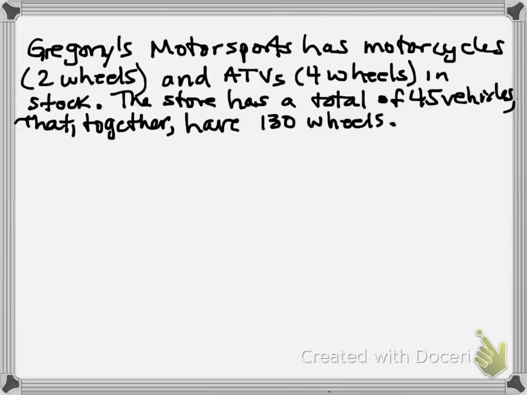So what do you think they're going to ask us to solve for in this problem? How many ATVs and how many? Yeah. It's interesting because what your book is saying is write and solve a system of equations that represents the situation, interpret the situation. But very quickly, Dylan, you saw that and said, well, how many of the motorcycles and how many ATVs are there? That's what we could solve from here.